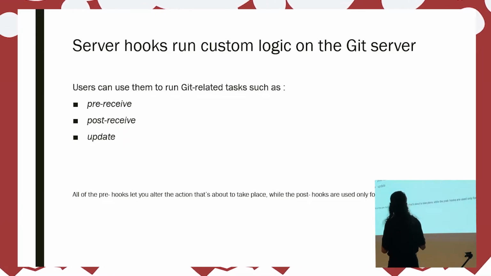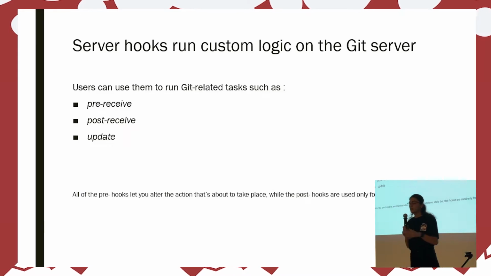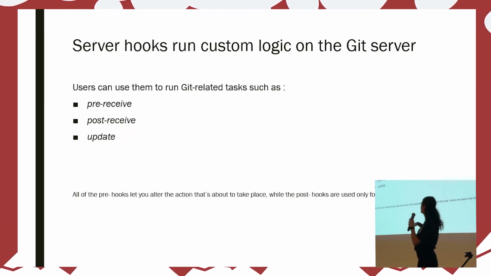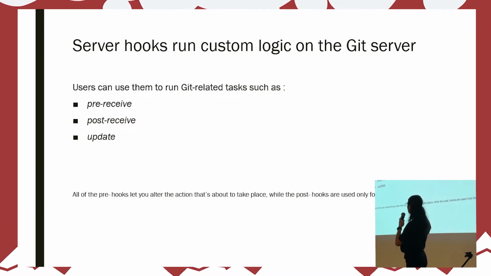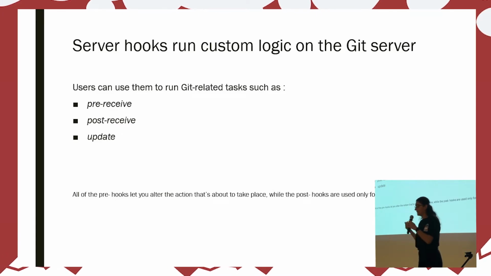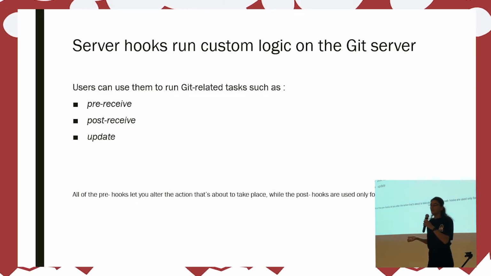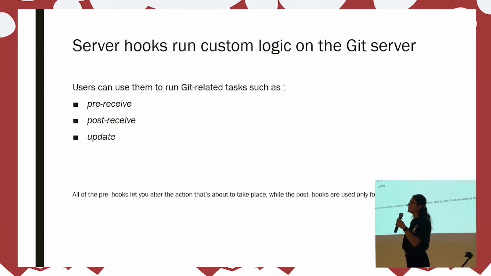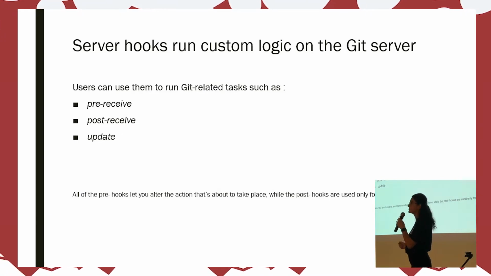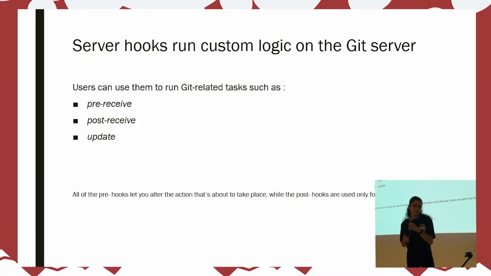While all the post hooks are used only for notifications. So imagine, for example, I want to use a post-receive hook, and I can only send a notification that, okay, I am a remote server and everything was received successfully, something like that.